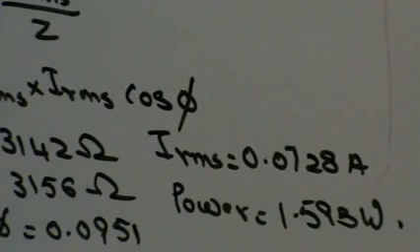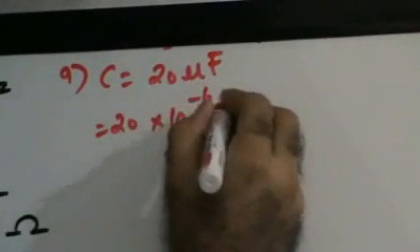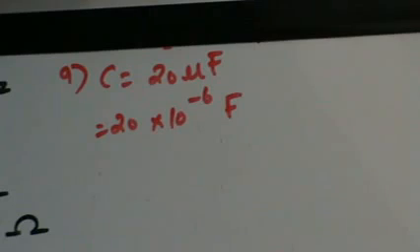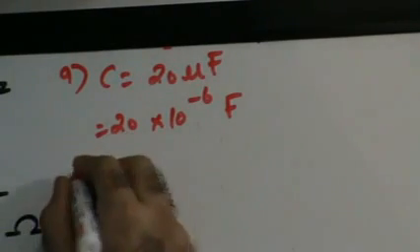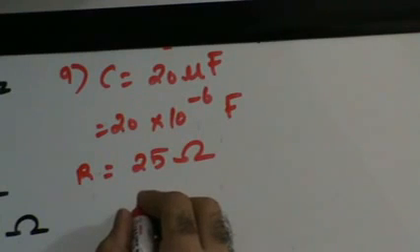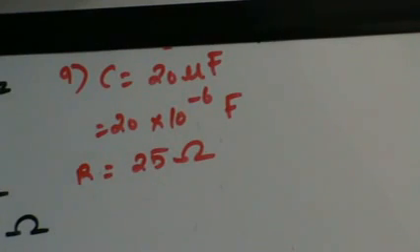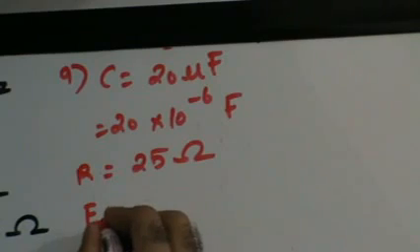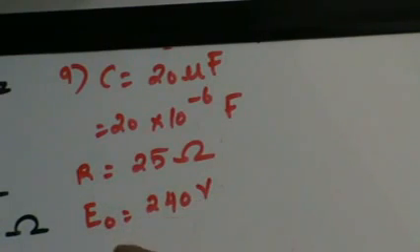A capacitor of 20 microfarad is connected in series with 25 ohms resistance, and has a peak EMF of 240 volts and 50 Hertz AC.